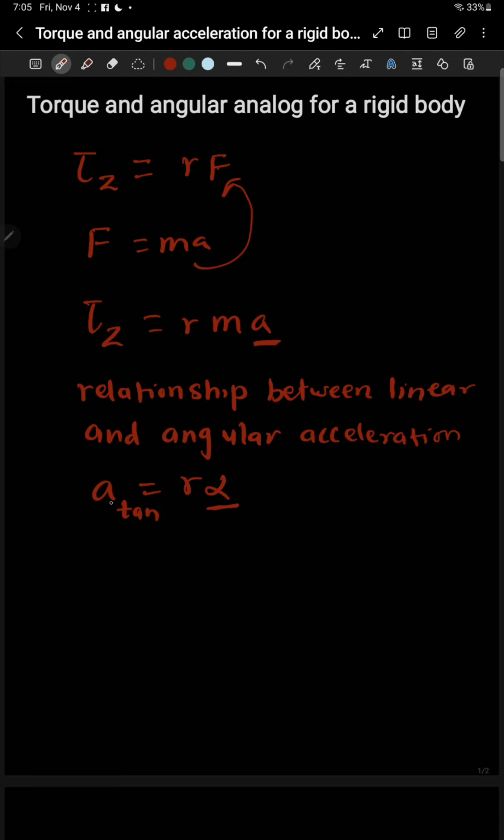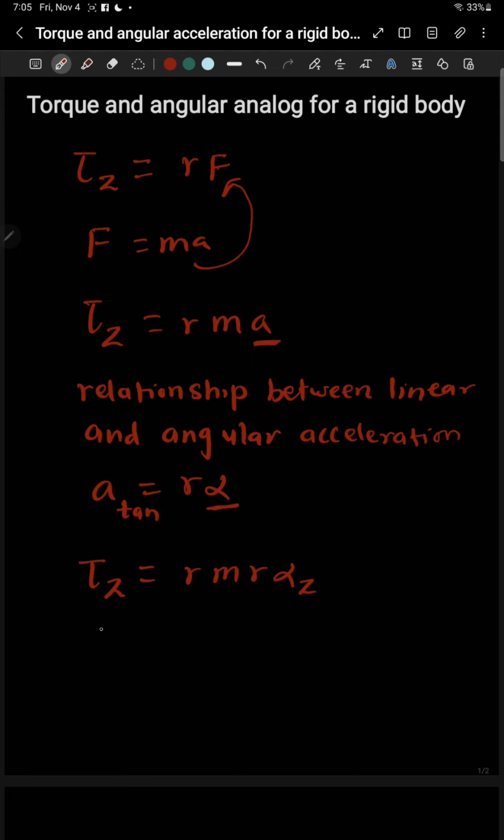So let me put this value of the acceleration over here. I will be getting tau z equal to r m r alpha. Alpha here is angular acceleration and this is about the z axis.